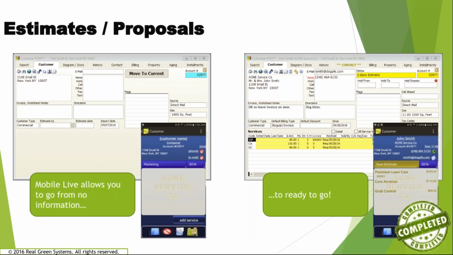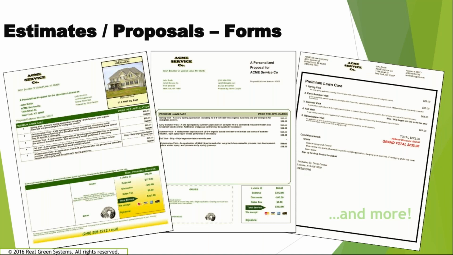Estimates and proposals, we can go from no information to a customer that's ready to go. We have 3 different forms that we can print from Mobile Live. Two of these print on blank sheets of 8.5 by 11 paper. The one in the center here is a custom form that we can have pre-printed from Real Green Print Department.